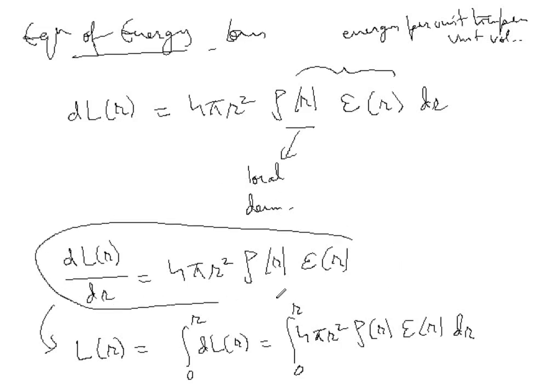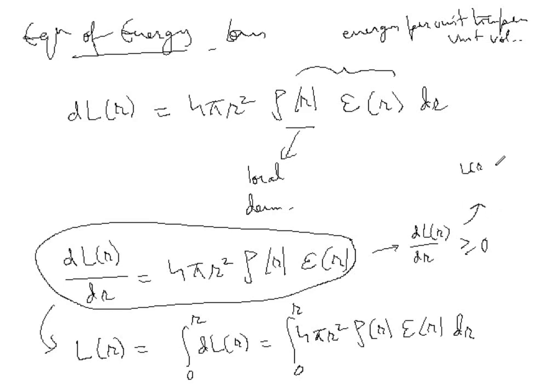Okay. Now you see this equation. Let's consider the right hand side of this equation. The right hand side is either positive or 0, which means that dL(r)/dr is greater than or equal to 0. So this means that luminosity increases with distance r.